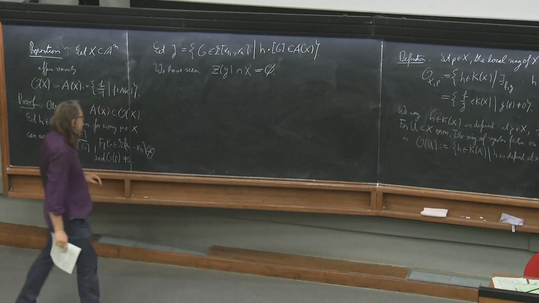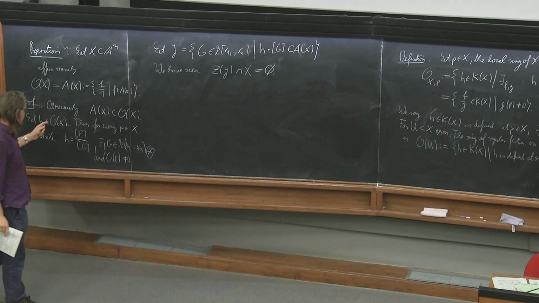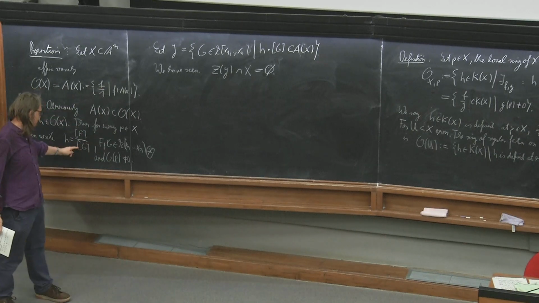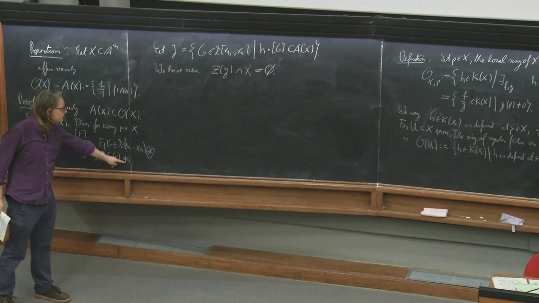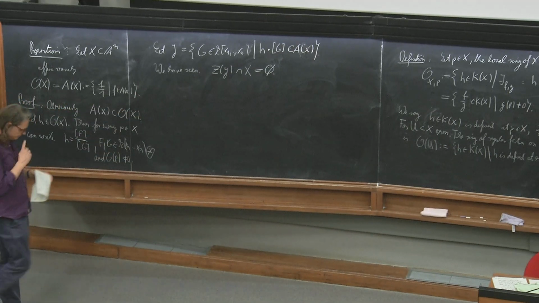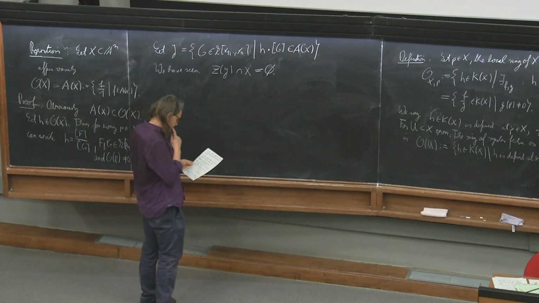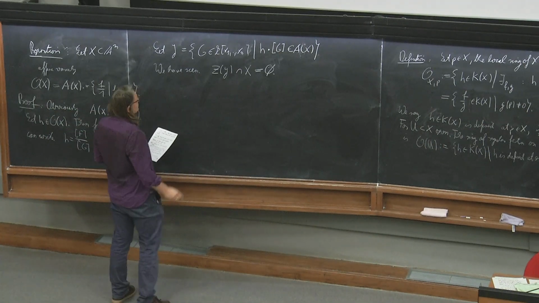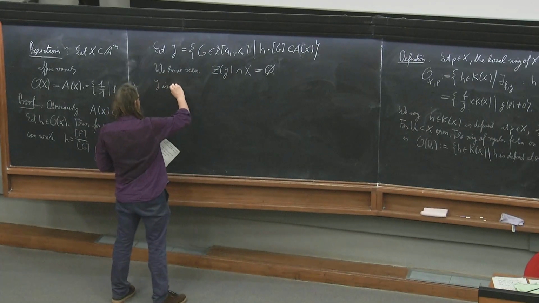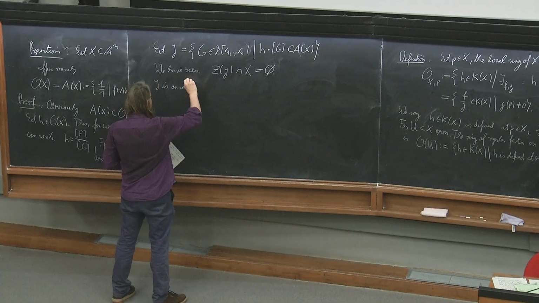Because what does it say? For every point P in X, there exists such a G such that G of P is non-zero. And this says precisely this. On the other hand, J is clearly an ideal.